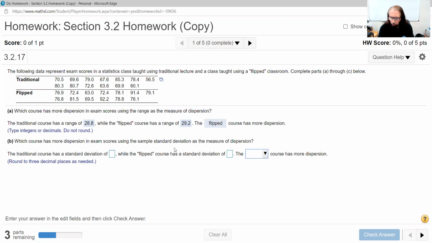Now we want to calculate the standard deviation. Again, although I'm using Excel, at first what I'm going to do is what would have to be done by hand. They want the standard deviation of the traditional class first.